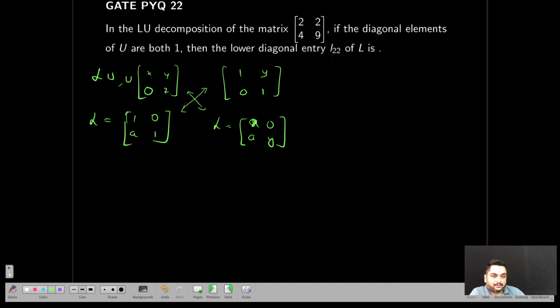They are asking you to find this element, this element. So how will you find it? You perform the row operations to make this element 0. Then definitely you get your answer. So no need to follow the LU decomposition procedure. So how will you make this? Let us take 2, 2 and 4, 9. So how will you find this? Make this element 0.